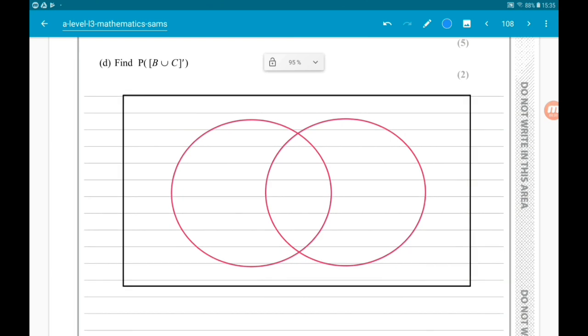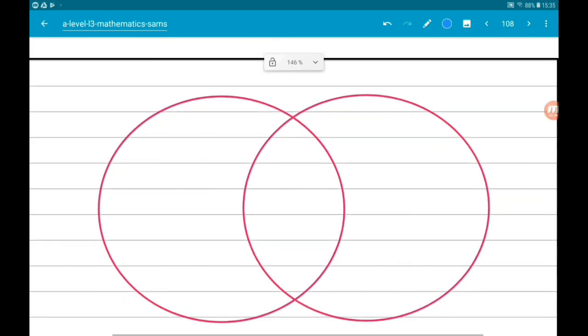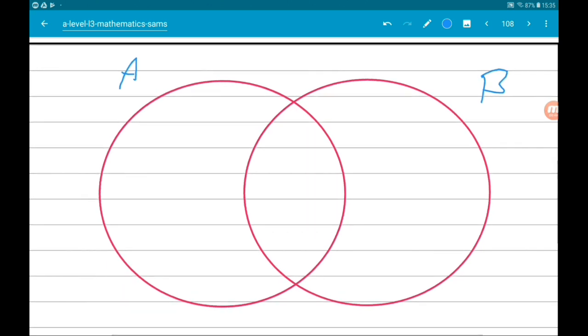So, if we call this circle A, this one B. Now we know their intersection is 0.13.